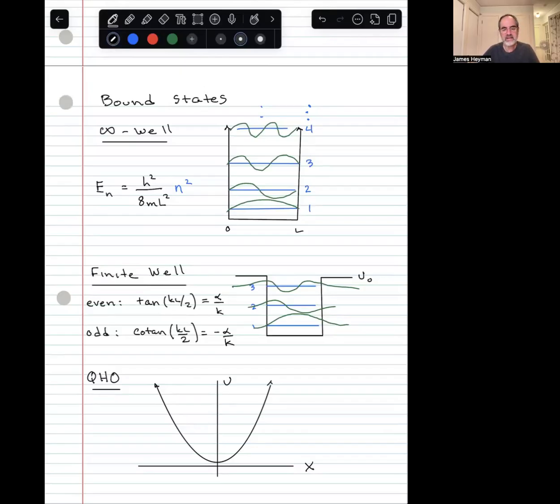One similarity to the infinite well is that in our simple model, the potential continues to increase like a parabola without limit as we move away from x equals 0. Okay? That's the quantum harmonic oscillator. All right, and we're going to turn and consider this in more detail in the next video.